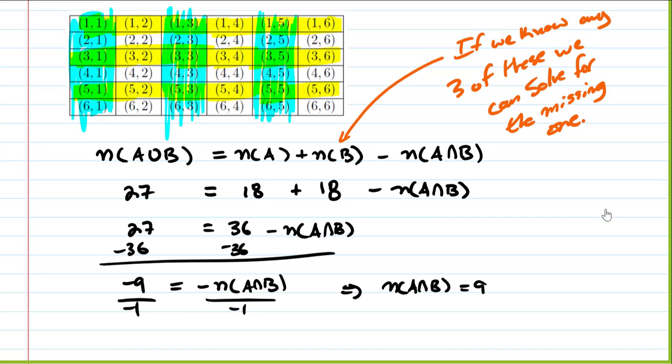Sometimes it'll be very hard to directly calculate one of those 4 quantities, but the other ones will be easy to calculate. If that's the case, we can use that formula to help us count.